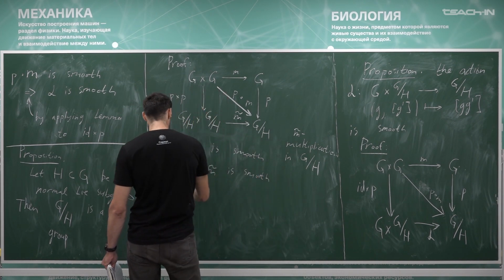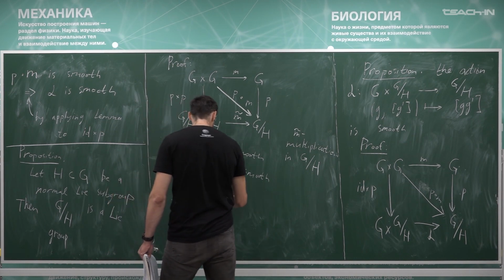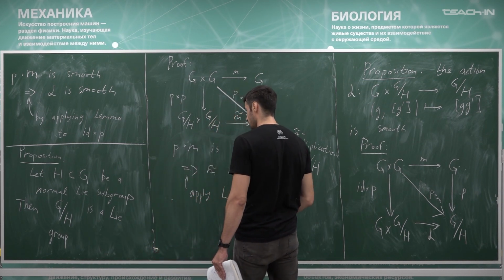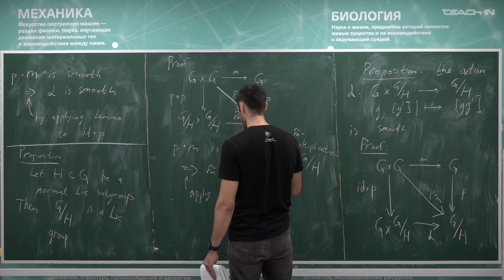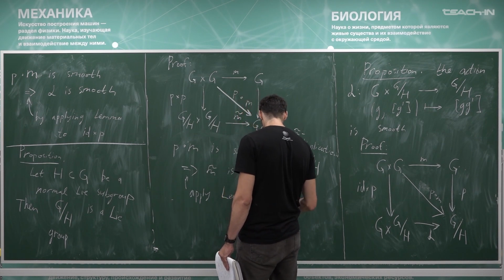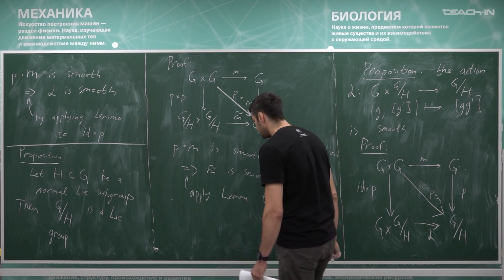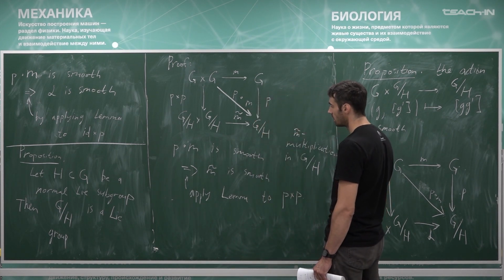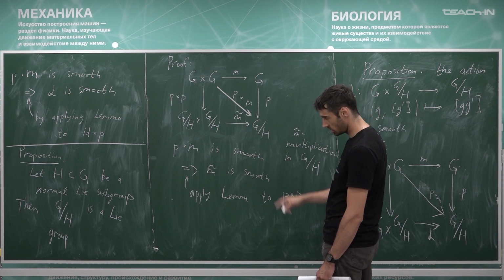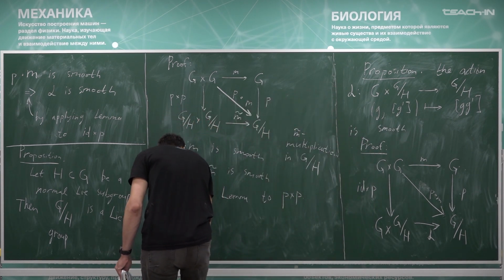And this is again applying the previous lemma, before these propositions, to fiber bundle P times P. And this says that multiplication on G over H is smooth.